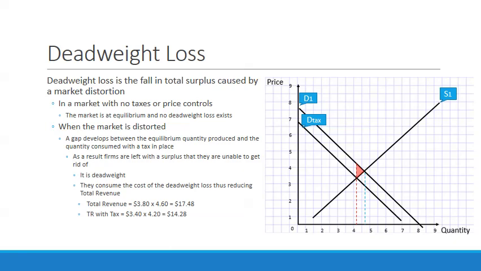So see here, total revenue with the tax is 340 times 420, which is equal to 1428. So the sales tax caused producers to see a loss in revenue, in addition to paying a sales tax themselves. Now, the dead weight loss on this is 4 times 0.4, so $40, because it's $100.